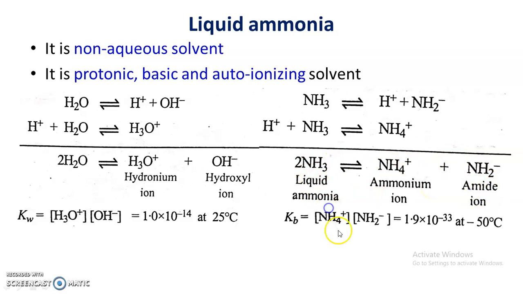So the Kb value, that is the ionization constant, is the product of the concentration of NH4 plus and the concentration of NH2 minus. It is 1.9 into 10 raised to minus 33 at minus 50 degrees centigrade.